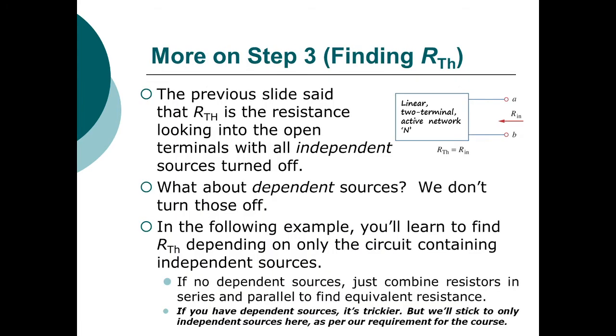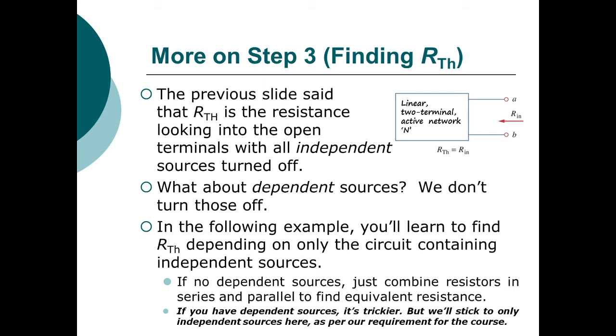Definitely, in the previous section, I said that we find the Thevenin equivalent resistance by removing the independent sources. But if there are dependent sources, as you know, dependent sources are sources whose value depends upon the voltages or currents at some other parts of the circuit. If such sources are present in a circuit, then the analysis will be different. In such a scenario, we will limit ourselves here to only independent sources.